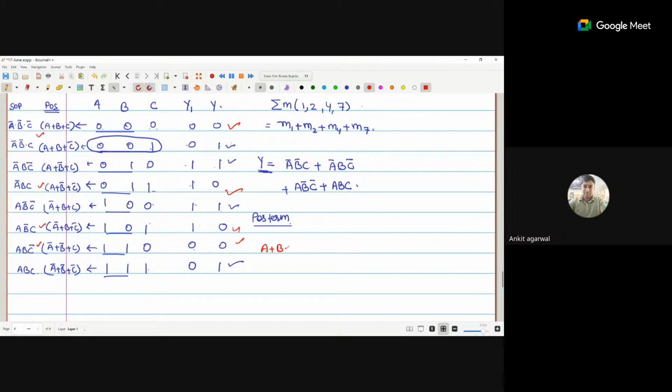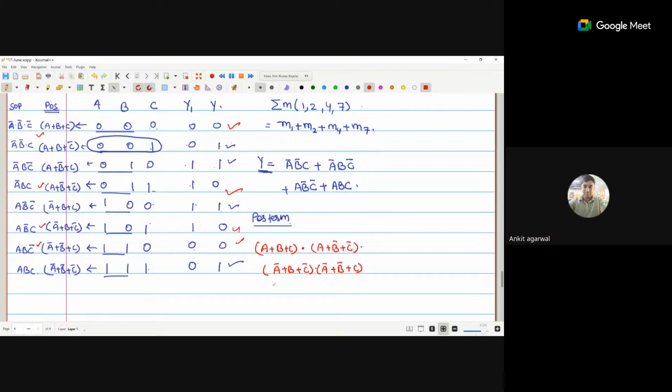A plus B plus C, dot, A plus B bar plus C bar, A bar plus B plus C bar, and A bar plus B bar plus C. Okay, and dot product between all four terms. So this is the POS form.